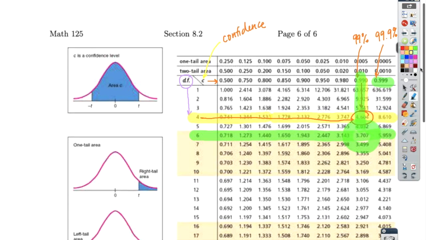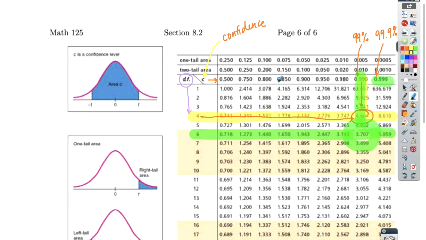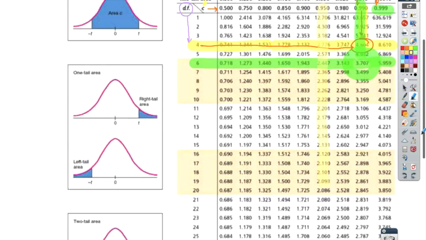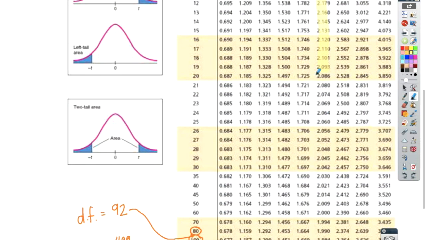Okay, so let's see, 95% across the top is here, so I'm going to be in this column, and I just need to go down to degrees of freedom 36.